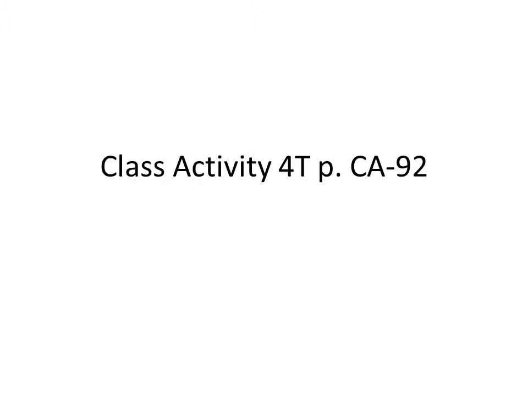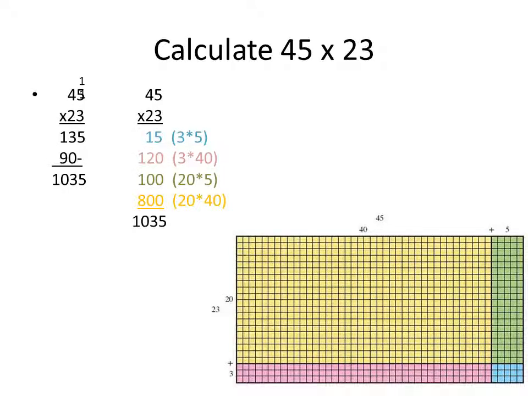Which brings us to class activity 4T on page CA92. Here, this visually shows how we decomposed 45 into 40 plus 5 and 23 into 20 plus 3, and then combined the tens with the tens, that forms the yellow region.